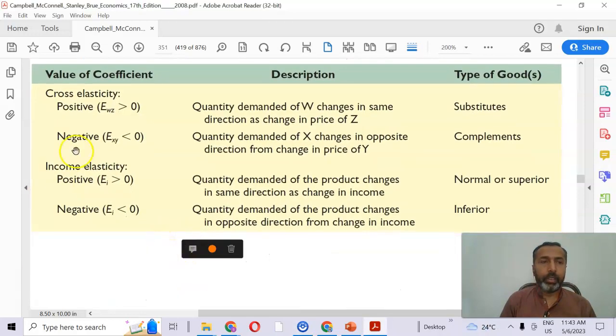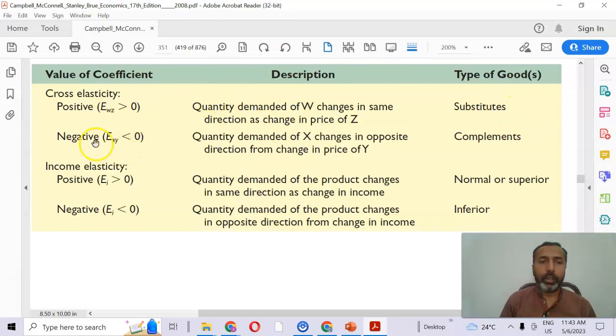Here in this table, I'll summarize that if cross elasticity is positive, the answer is bigger than 0, it means that quantity demanded of product W changes in the same direction as the change in the price of the second product, and W and Z products will be substitutes, for example, Pepsi and Coke. When the price of Coke increases, the demand of Pepsi will increase, so the answer will be positive, and those two products will be substitutes.